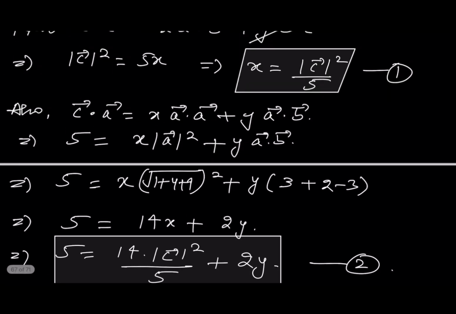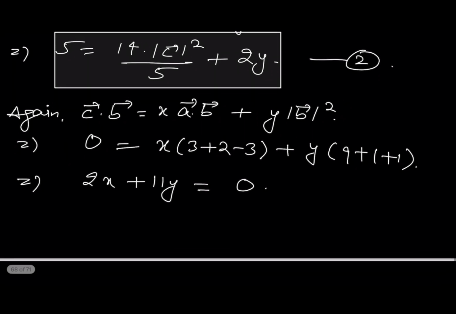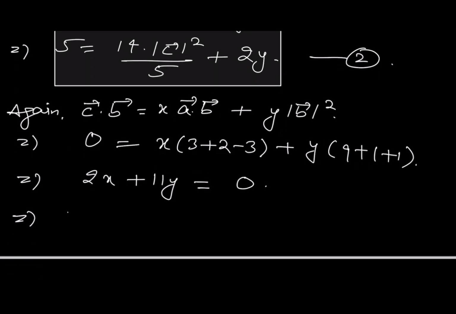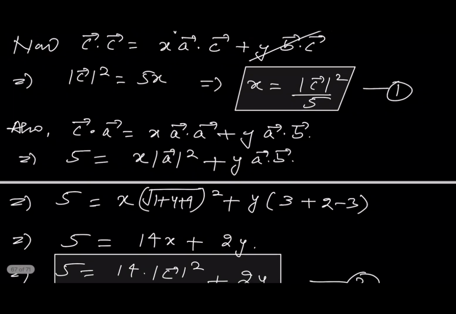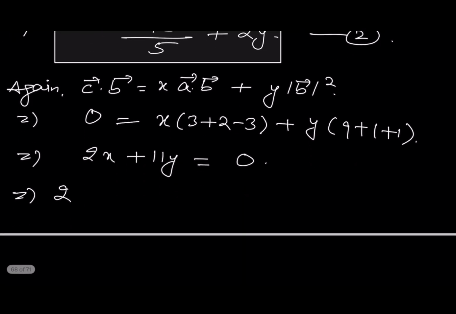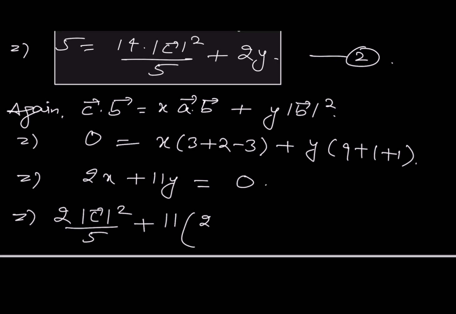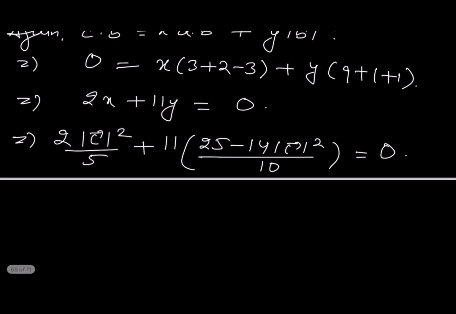Now x in terms of C and y in terms of C. So 2 into x, that is mod C square by 5, plus 11y by 25 minus 14 C square by 10 is equal to 0, right?